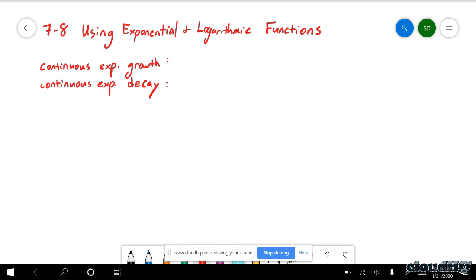There's only one sign that's different between the two functions. Growth, we would have f of x equals a times e to the positive exponent of k times t. And then decay is just a negative exponent.